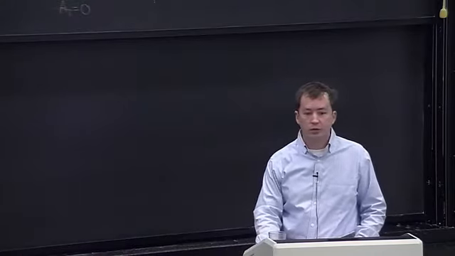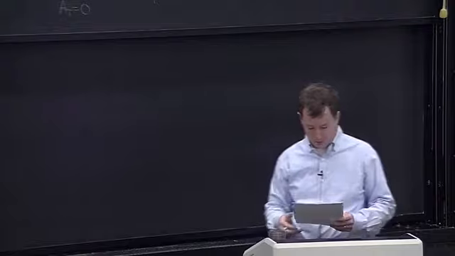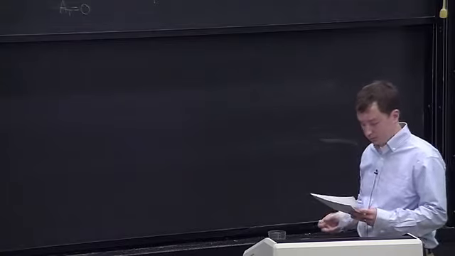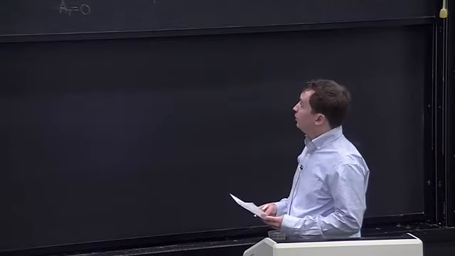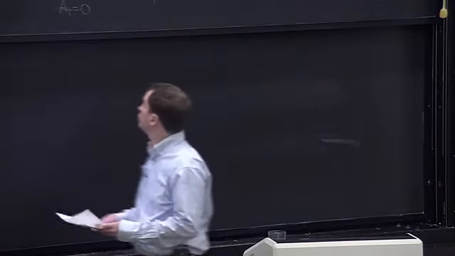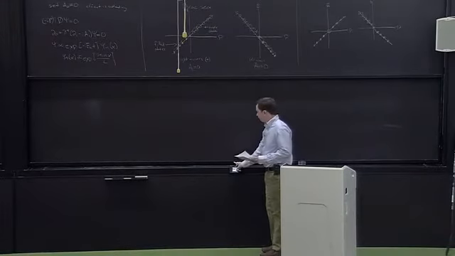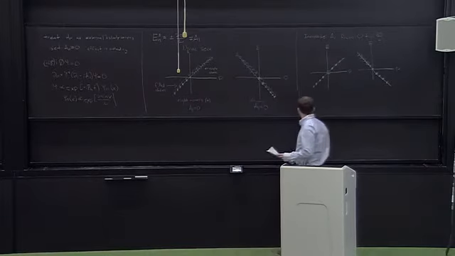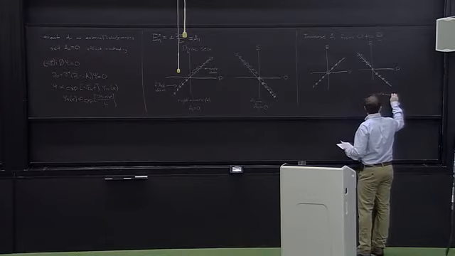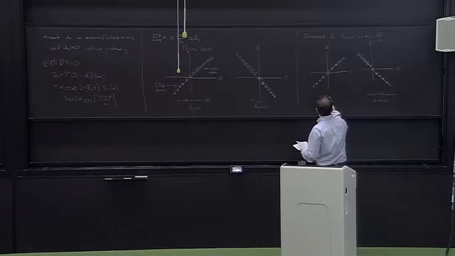Any questions so far? So what we've done by turning on the gauge fields is we've created one left-moving particle and one right-moving antiparticle.